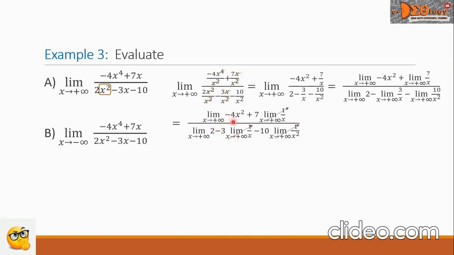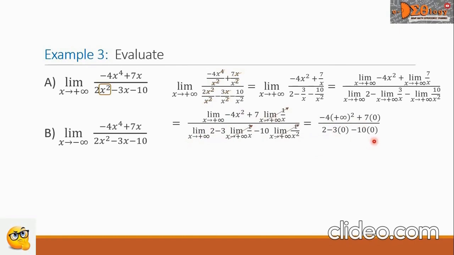So the limit of negative 4x squared as x approaches positive infinity, we can show that this is negative 4 times positive infinity, and this is squared, plus 7 times 0 all over the limit of a constant 2 as x approaches positive infinity is equal to 2 minus 3 times 0 minus 10 times 0.